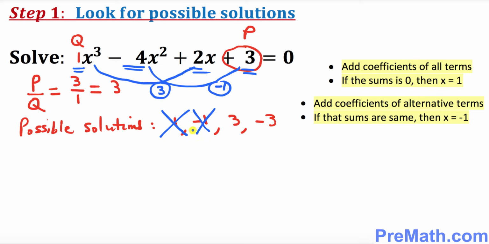So we ruled out two possible numbers. 1 can't be our solution and negative 1 can't be our solution. So now we are pinning our hope only on 3 and negative 3. Now let's go ahead and try 3.